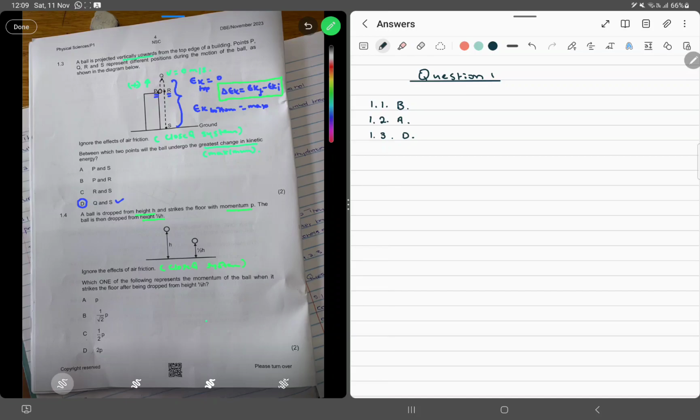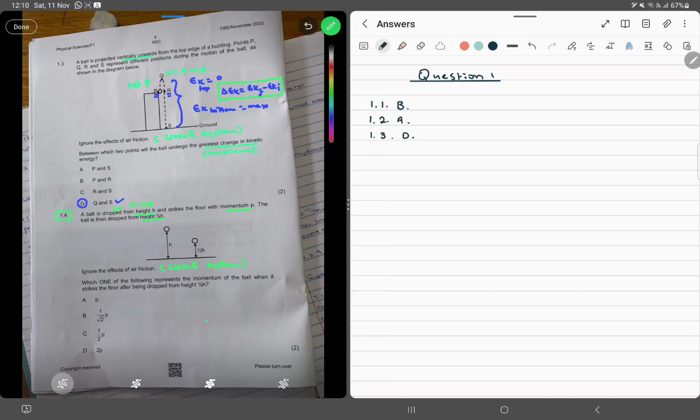Which one of the following represents the momentum of the ball when it strikes the floor after being dropped from this height? Okay, now the best way to think about this, it's one of those questions, again, you cannot just sniff the answer in the air. You've got to do some workings. So we know that using our energy principles or even equations of motion, remember this is dropped, meaning initial velocity is 0.